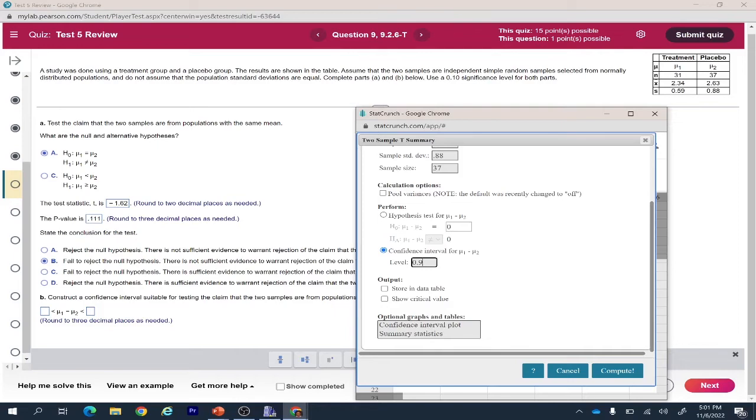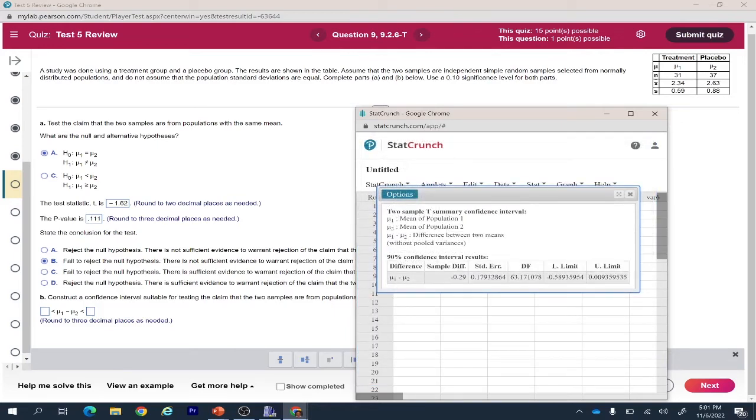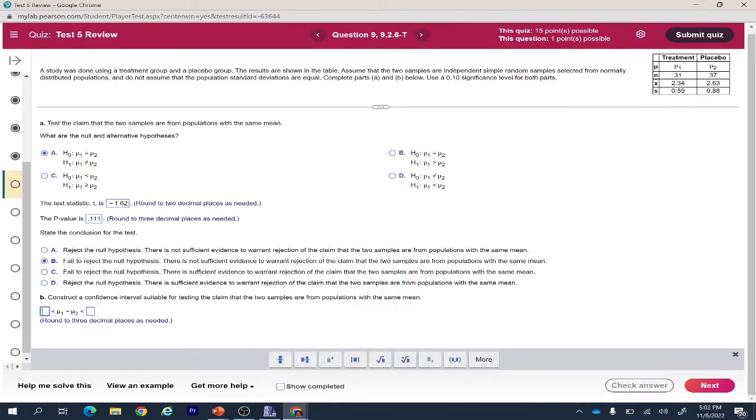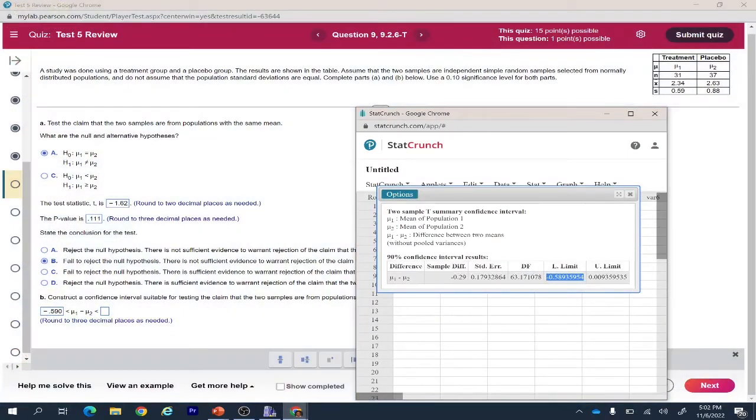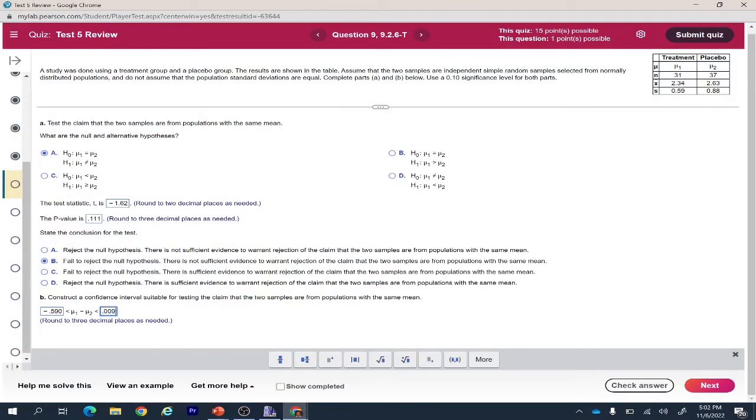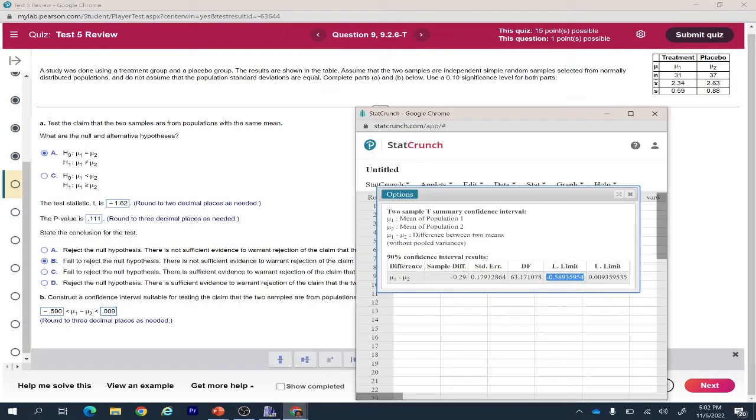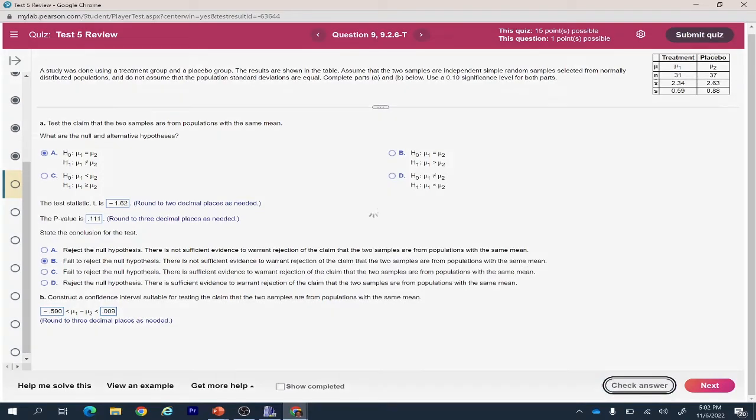If you compute, it gives you the lower limit, which is negative 0.590, and the upper limit is 0.009 in 3 decimal places. Let me double check that it's positive. Yes. So if you check your answer, that's your answer.